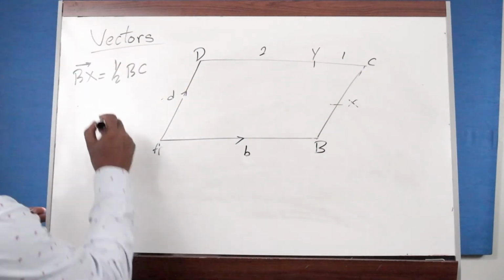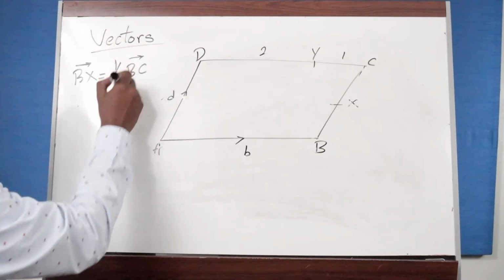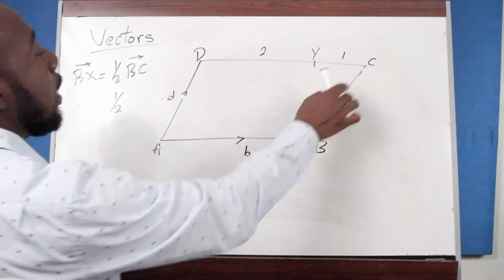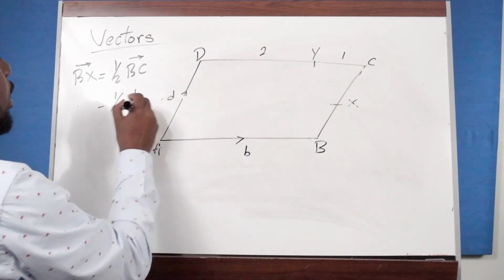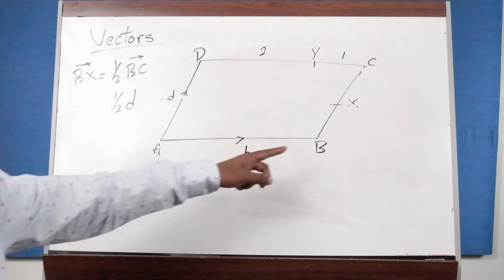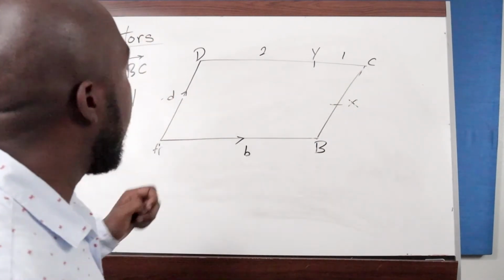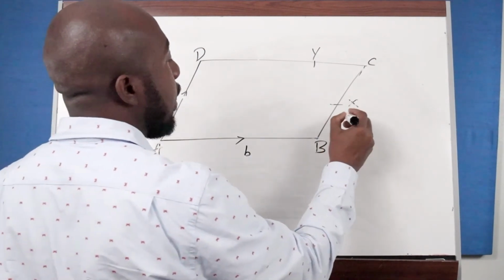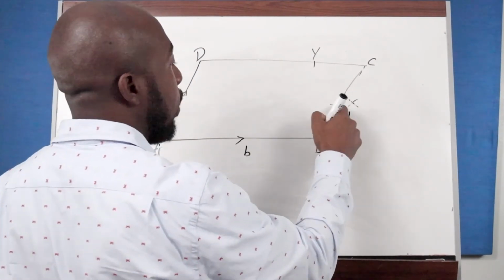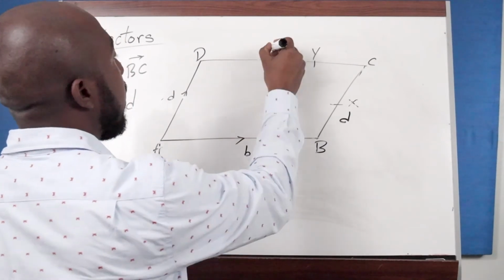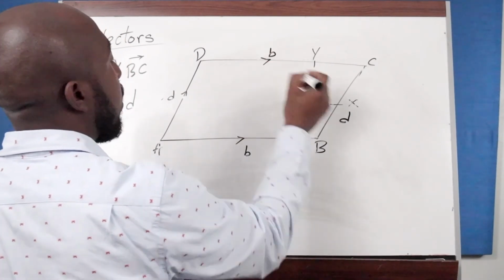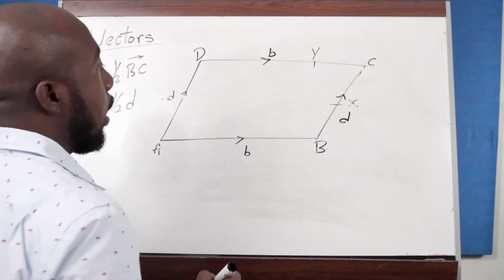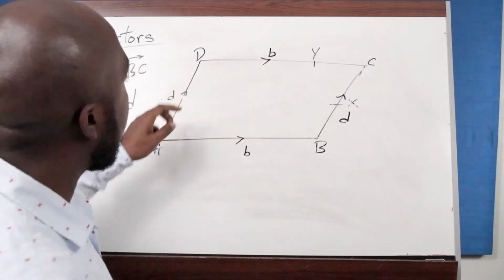We know that BC is the same thing as d, so it's just half of d. BC is d, because if this is d, over here is d. That is, the vector is d, in the same direction, this direction up.